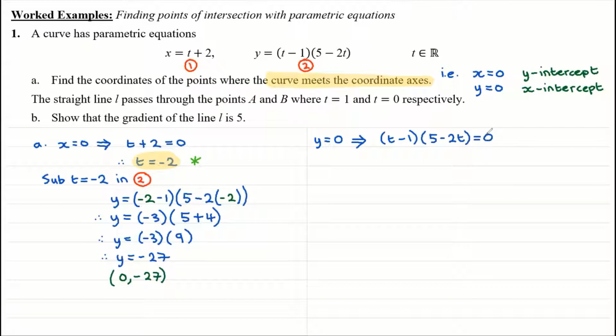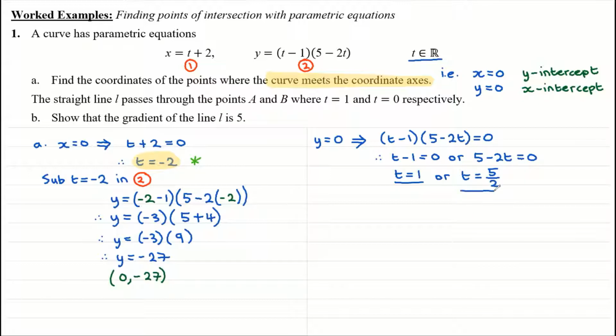Now, this is definitely going to return 2 possible values of t. And remember, of course, t can be any real number, so it's all going to be valid. So therefore, t minus 1 is equal to 0, or 5 subtract 2t is going to equal 0. So in other words, t equals 1, or t is going to equal 5 over 2.